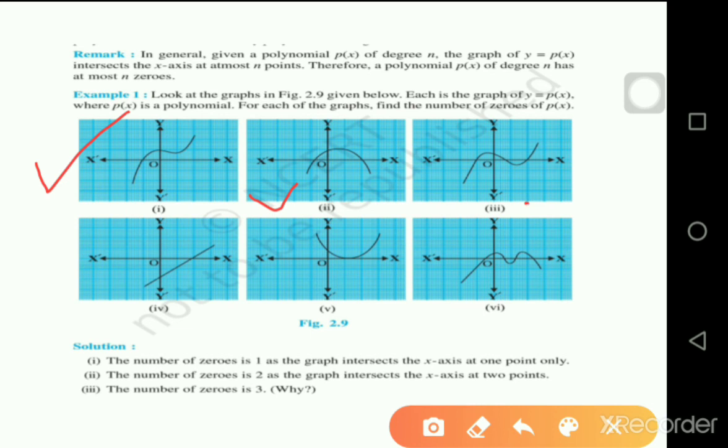If you look at this third graph, the graph intersects the x-axis at 3 points. So the number of zeros is 3. For the fourth one, number of zeros, 1. For the fifth one, number of zeros, 1. For the sixth one, number of zeros, 4.